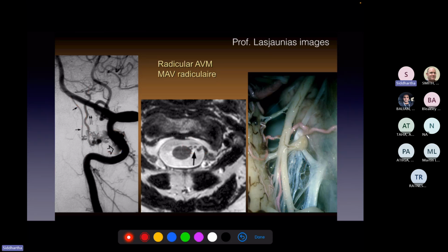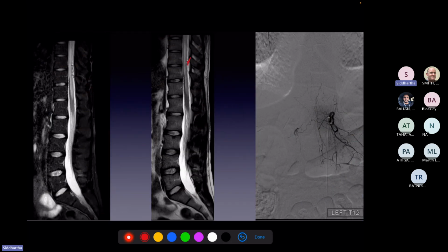So this is another one here. We can see there is significant cord congestion. You can see lots of subarachnoid veins, and I can't figure out what this one was. This is the anterior spinal artery coming in there and going down, but we couldn't identify anything out there.